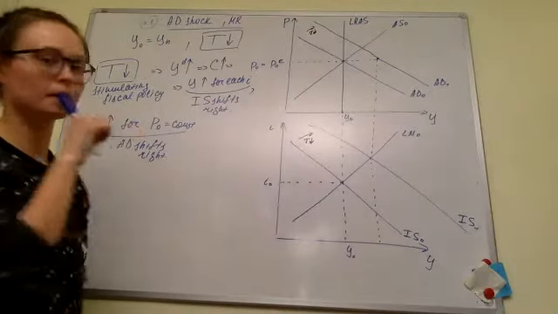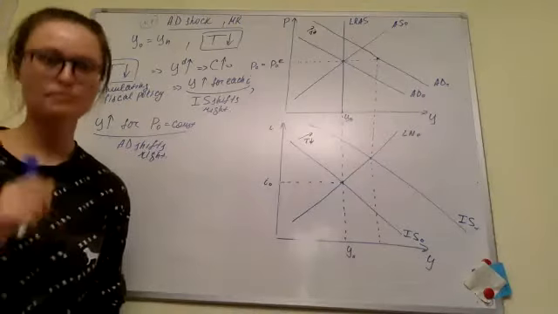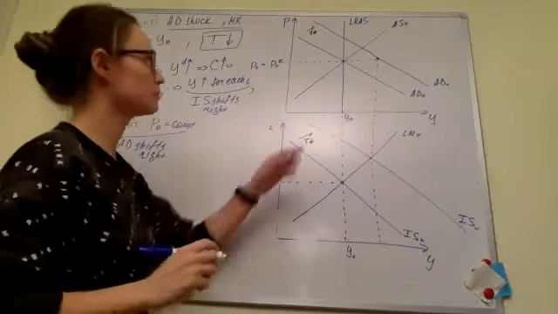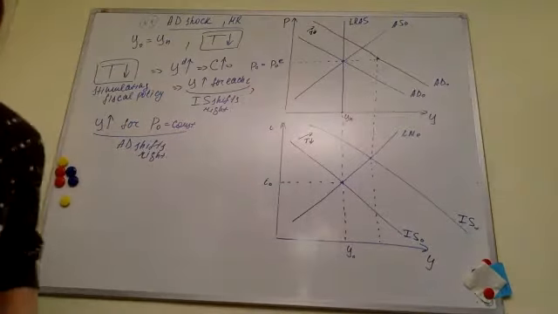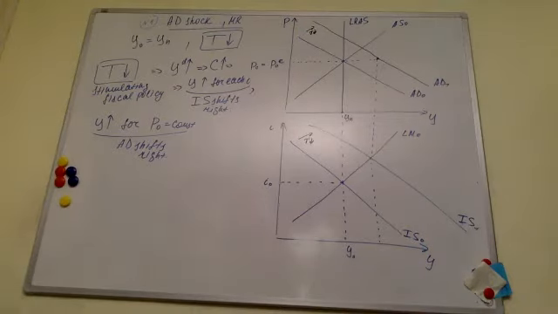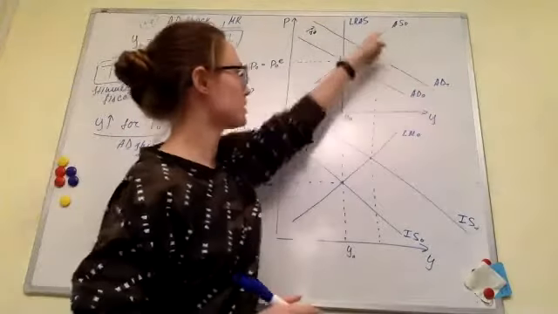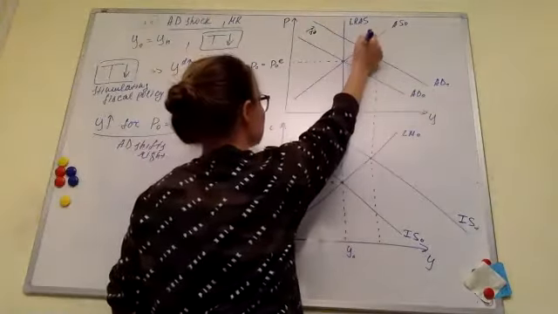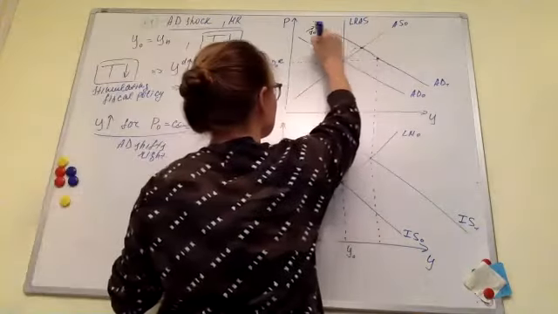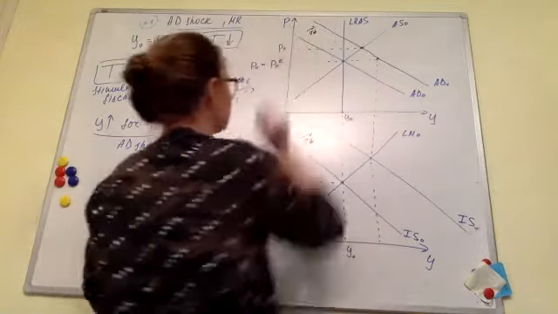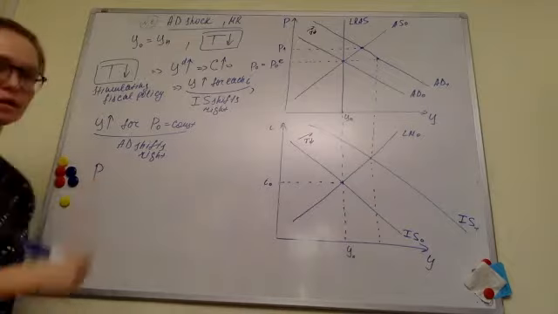Because prices will not remain stable. Prices are going higher. That leads to the shift also. So why do we see that prices are higher? The new cross of aggregate demand and aggregate supply is at a higher price level. This is the new price level, P1. So prices now are not constant.